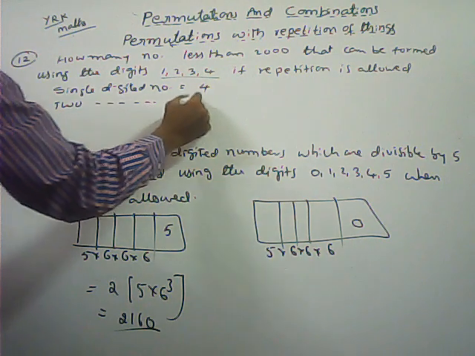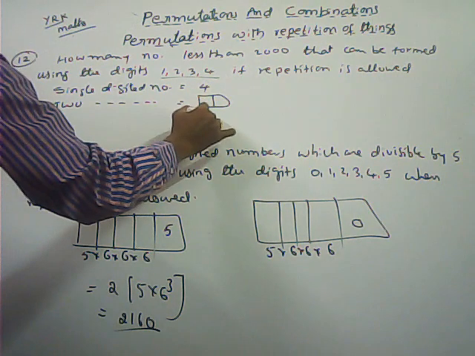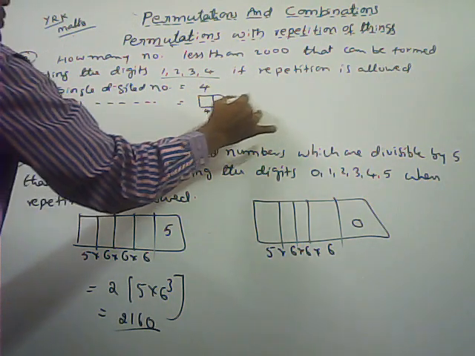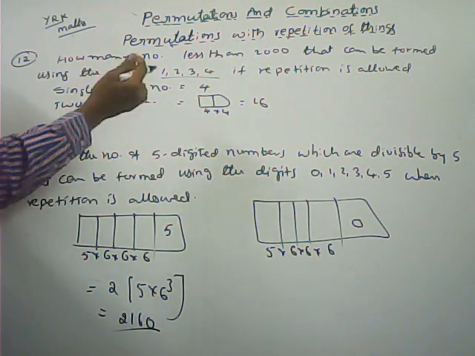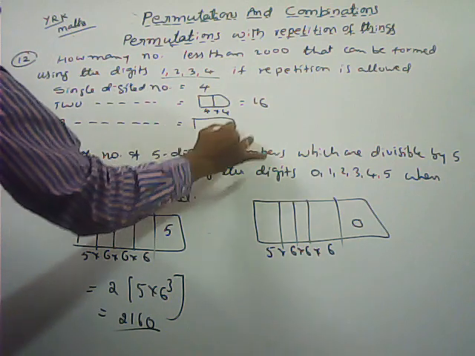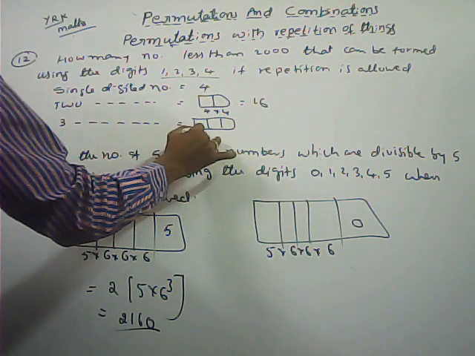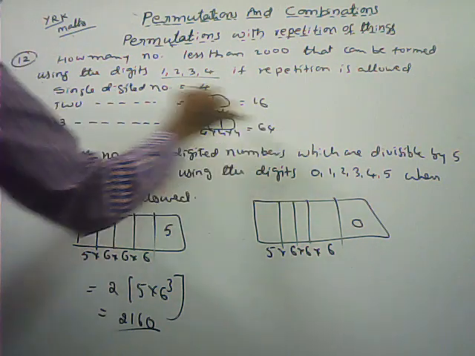2-digit numbers, repetitions are allowed. So this one we can keep 4 ways. This is also 4 ways. So total 16 are there. All those 2-digit numbers are less than 2000. 3-digit numbers, that is equal to 4 into 4 into 4, 64.